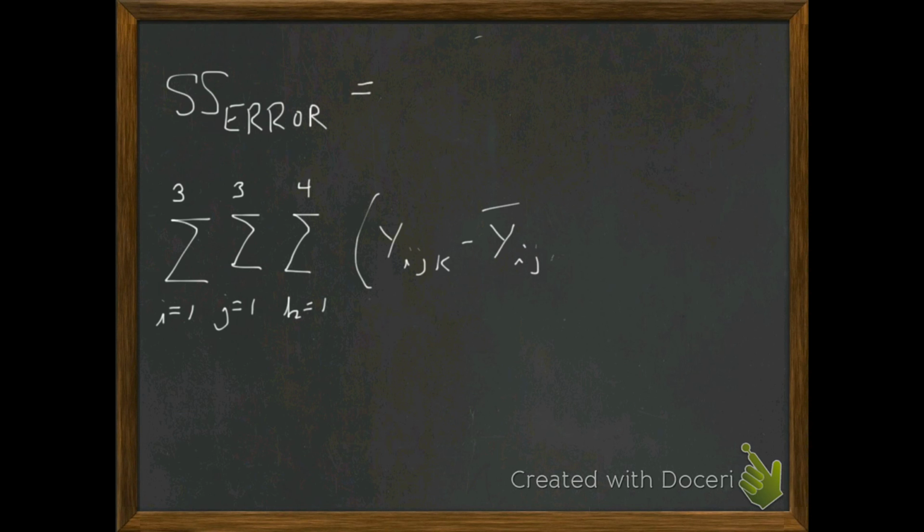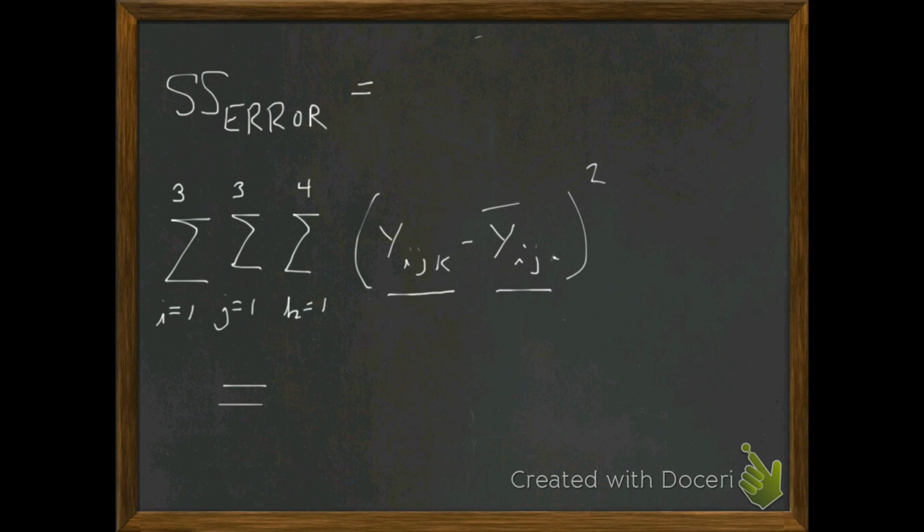Now, what are these terms going to look like? Sum of squares for the error. This is just the cell measure. So this is going to take each individual measurement minus the mean for that cell.